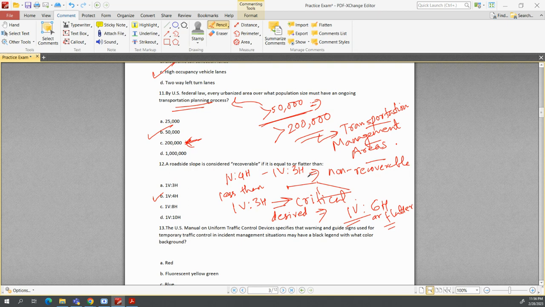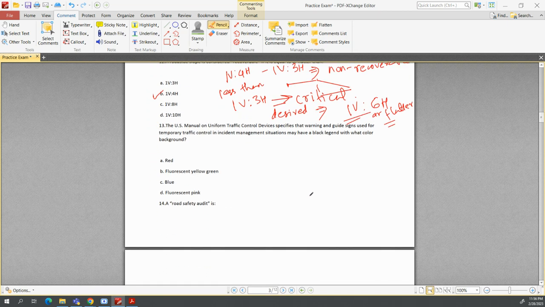All right, the next problem. The US MUTCD specifies that warning and guide signs used for temporary traffic control in incident management situations may have a black legend with what color background? For incident management, you always have to use fluorescent pink.